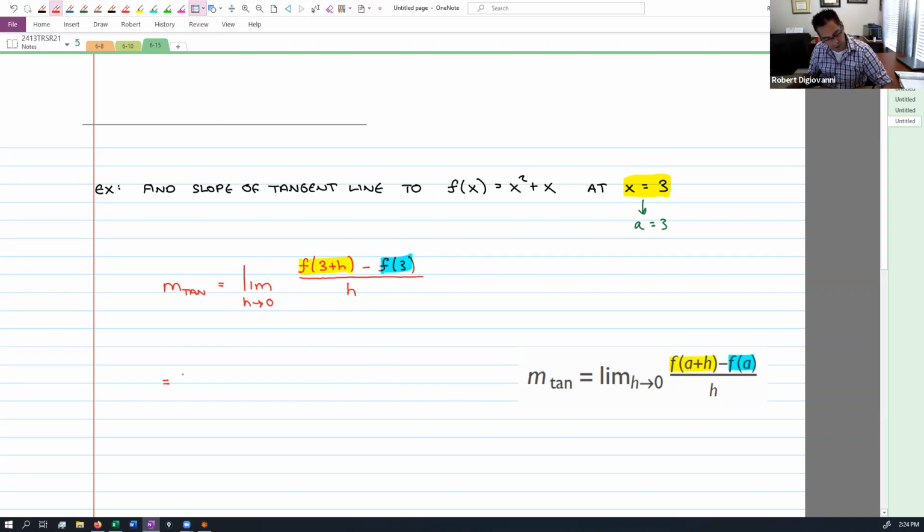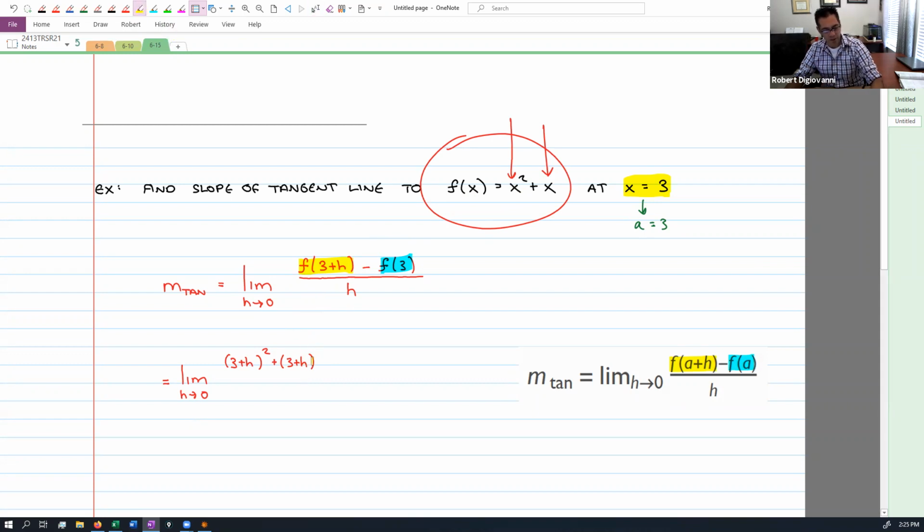So pay attention to this next part. Okay, I need to plug in 3 plus H into the function, right? That means everywhere I see an X in this function, I need to replace the X with 3 plus H. So it's going to be 3 plus H squared plus 3 plus H again.